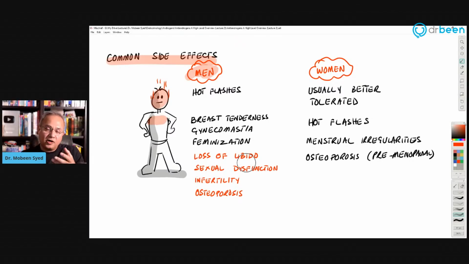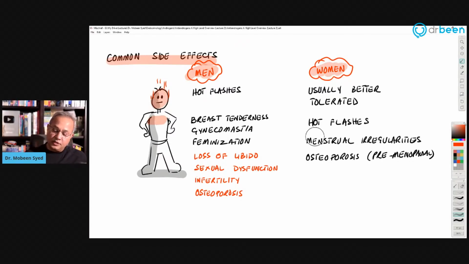When the hormones act on male breast, that breast would start becoming bigger and tender. Feminization in general would start happening. Loss of libido would occur. Sexual dysfunction will occur. Infertility in some cases, and osteoporosis. Once again, the absence of testosterone can cause osteoporosis, which can then cause bone pains, and especially spinal cord compressions can occur.